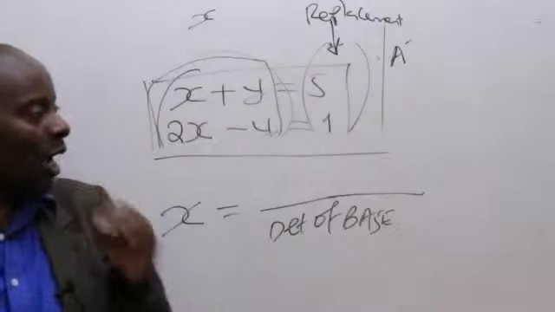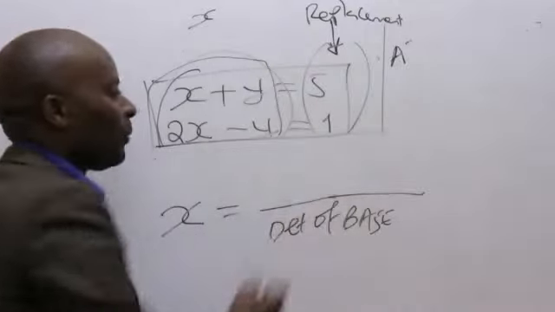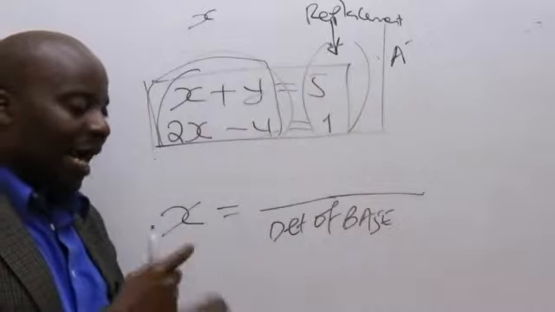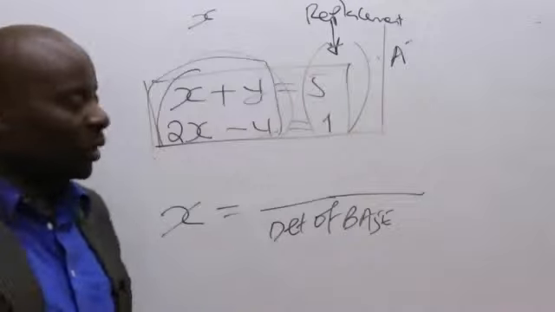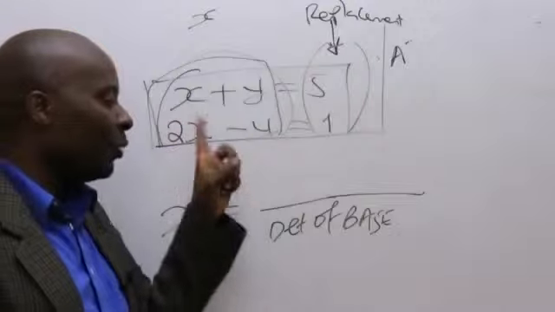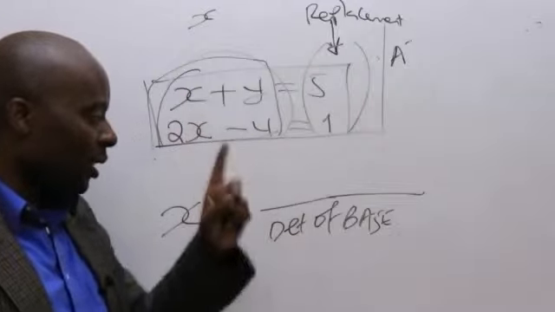If you went to a good high school, you must have encountered this Cramer's concept. So remember, Cramer's is basically a determinant model. So what I'm going to do is to have some numerator matrix determinant divided by the determinant of the base.